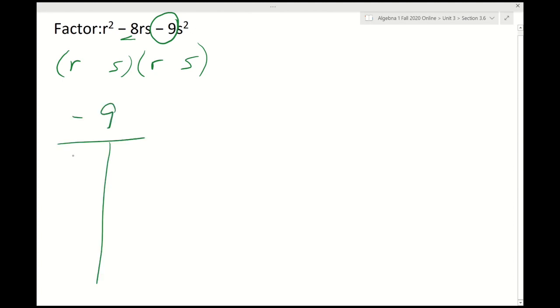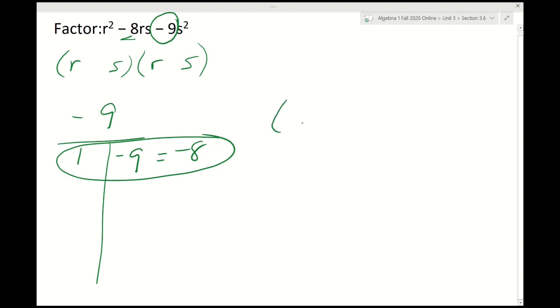So for the factors of negative 9, I could have a positive 1 and a negative 9. In fact, that is the one I'm looking for. So I know that I have r plus s and r minus 9s for my factors.